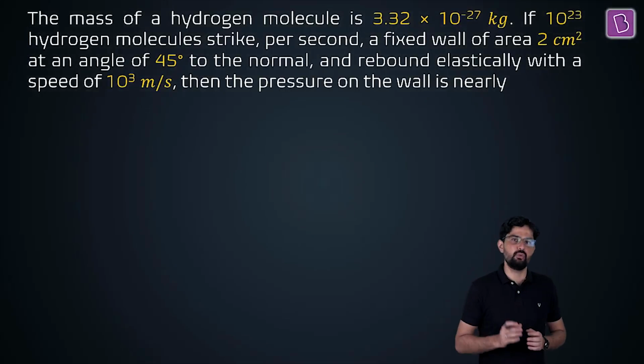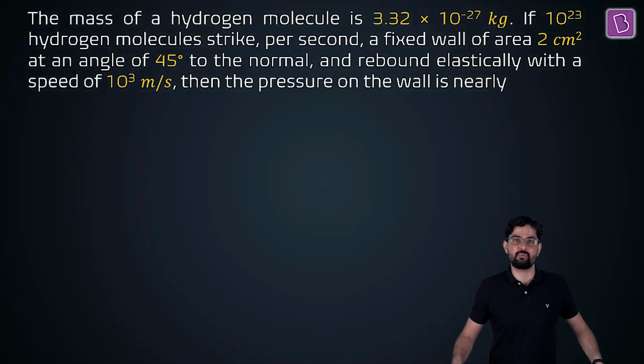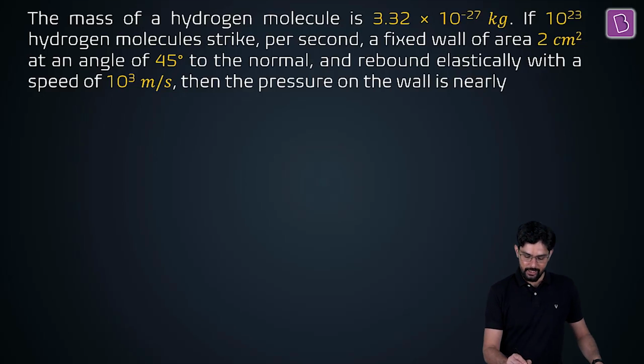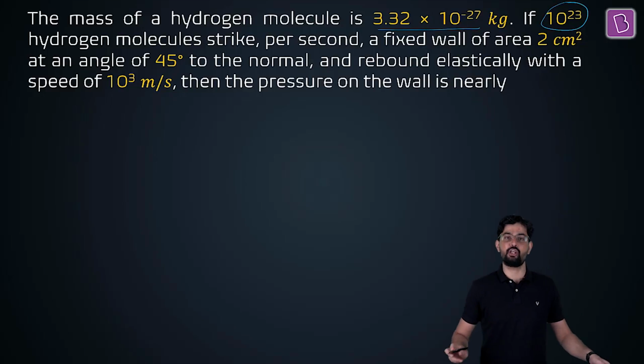So hydrogen molecules are bombarded on a fixed wall and the collision is perfectly elastic. You have to find out the pressure on the wall. The mass of each hydrogen molecule is given to you. It has been mentioned that 10 raised to the power 23 hydrogen molecules strike the wall in each second.